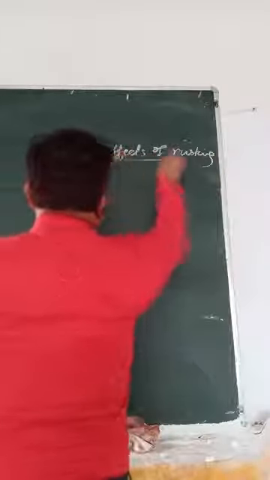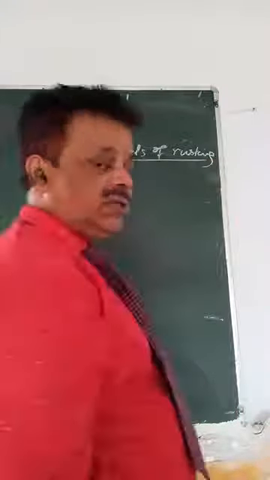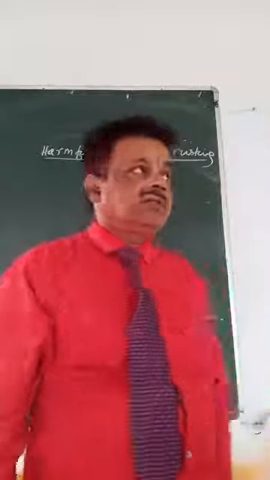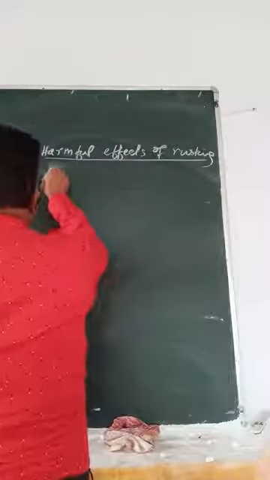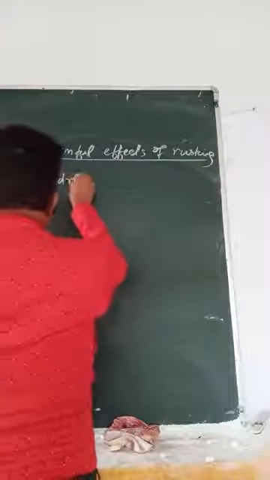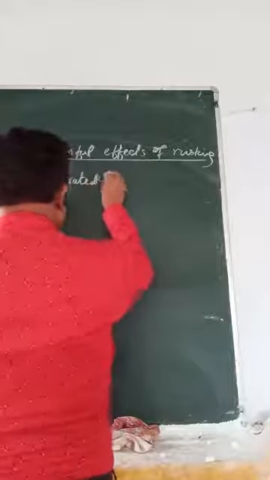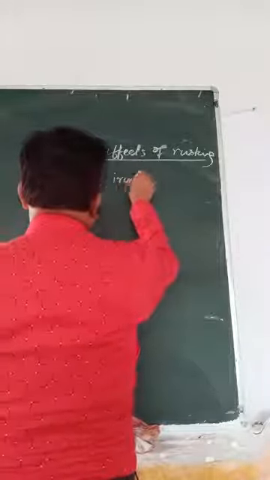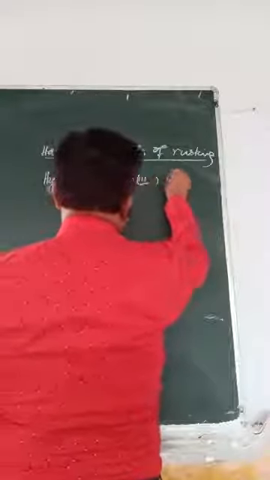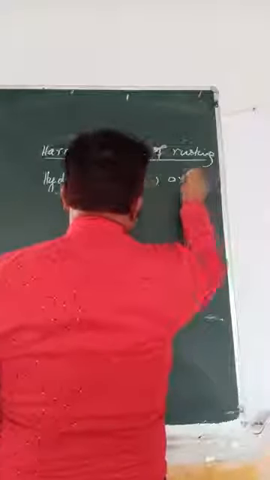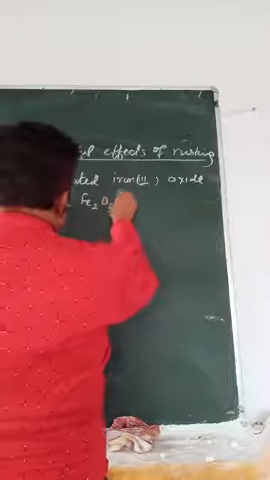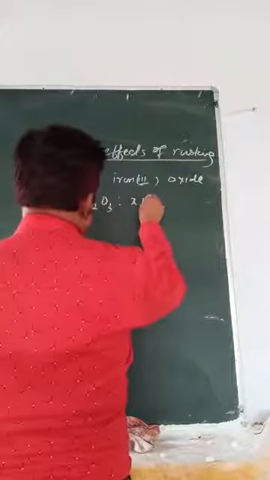Now how does it harm? If rusting happens to the iron, what will happen to the iron? Hydrated iron trioxide, so always write its formula, Fe2O3 with some amount of water.